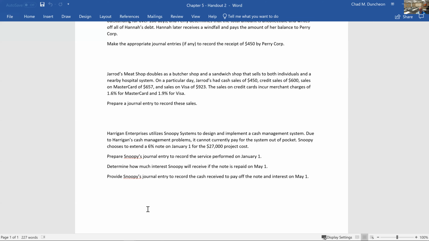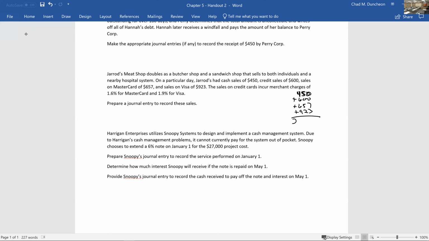But one thing that we do know is that if we took all 3 of those together and we added them up, that amount is going to be our sales revenue. 450 plus 600 plus 657 plus 923.